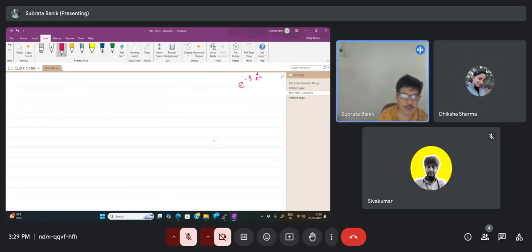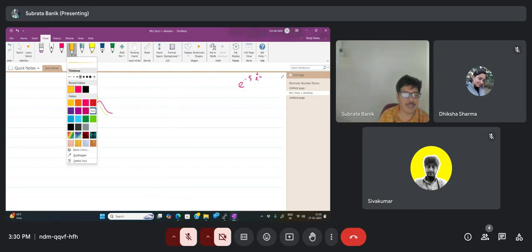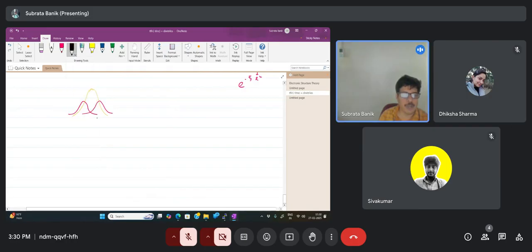Let's say I have a Gaussian. A Gaussian looks like this, that you know, right? Another Gaussian which is close to this will look like this. If you multiply these two close ones, from the constructive interference you get a Gaussian which will look like this.